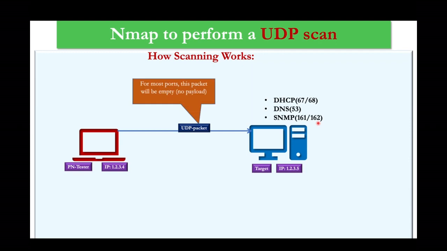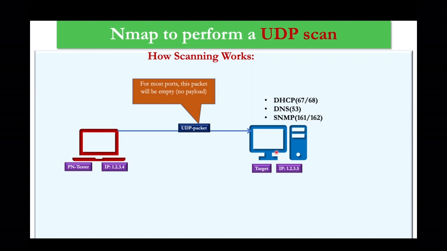When this UDP packet is received by your target, the applications on every port will open this packet and look. These packets are generally blank, and if nothing is there, how to respond is not known.